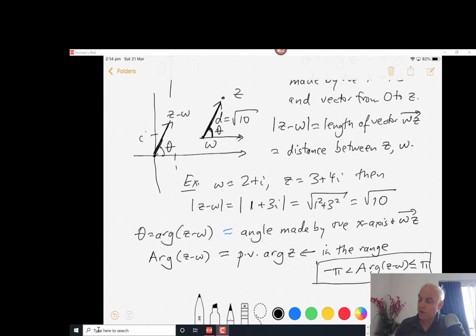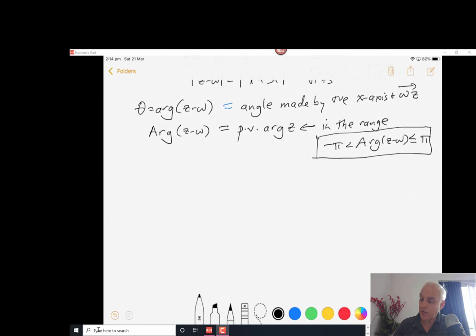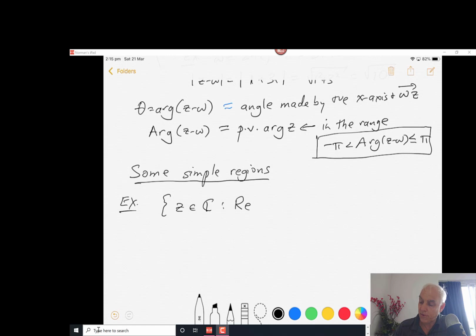Okay, so that's good. Now let's have a look at some examples of regions. First, some simple regions that we can describe using complex number language. Our first example will be the set of z in C such that the real part of z is bigger than or equal to 2. So here's 1, here's i, here's 2, there's 3.